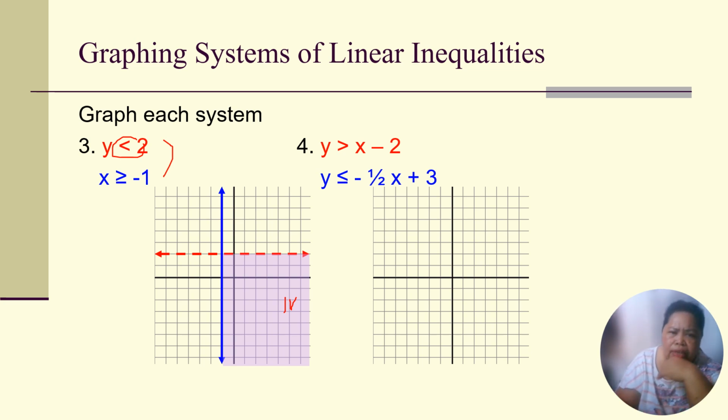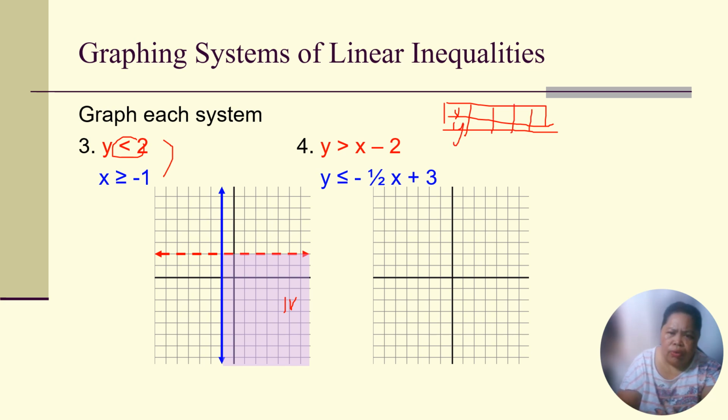Now, for example, we have here y is greater than x minus 2. You can use a table of values in solving this and drawing a conclusion. So like x and y, this is a table of values.